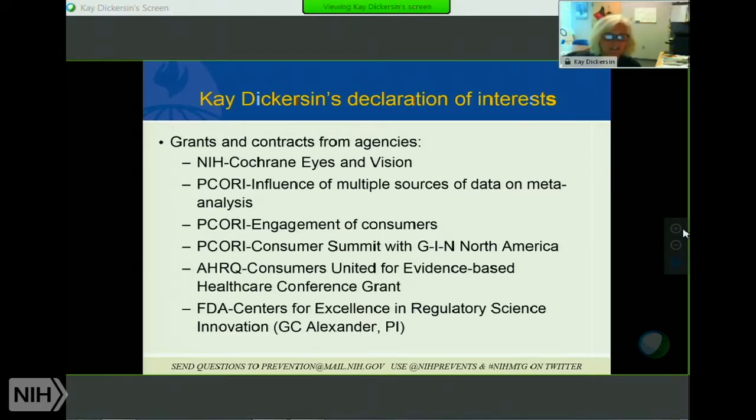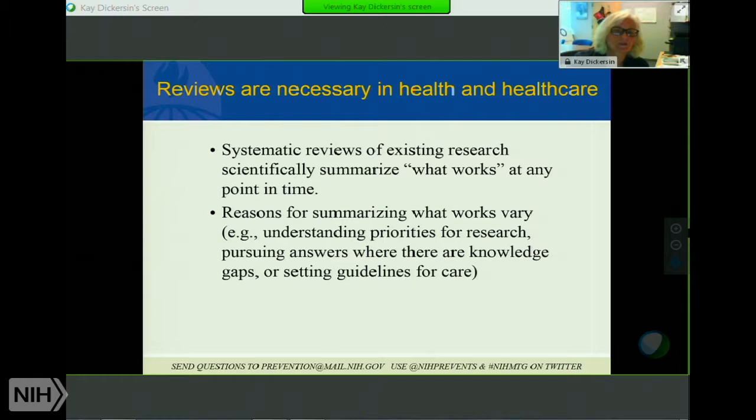I shouldn't have any conflicts of interest except that I'm funded by NIH from the National Eye Institute to do a satellite for the Cochrane Eyes and Vision Group. I also have funding from PCORI, a nonprofit, from AHRQ, part of the Public Health Service, and the FDA. I'm not the PI on the FDA grant, though.